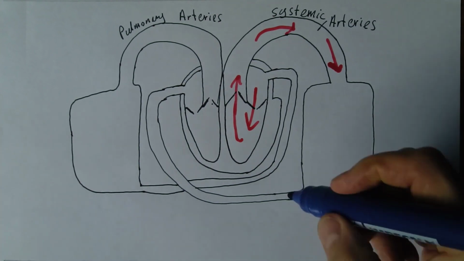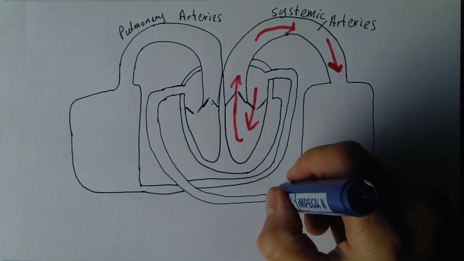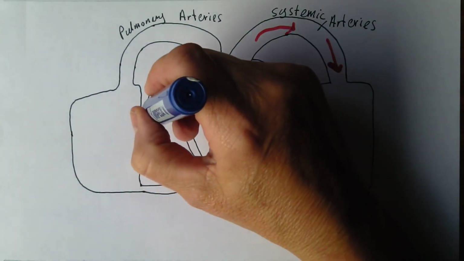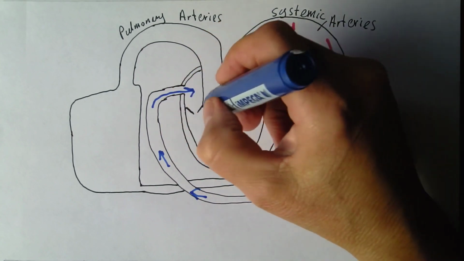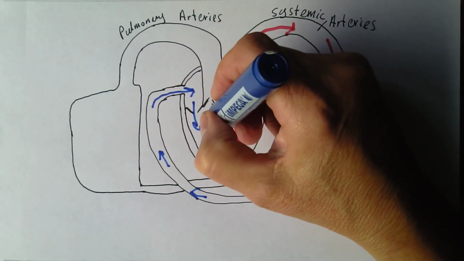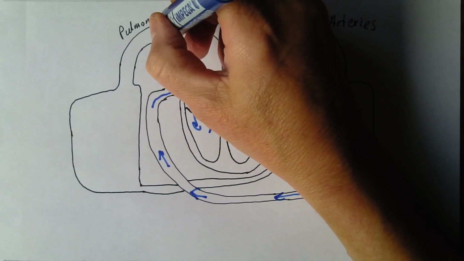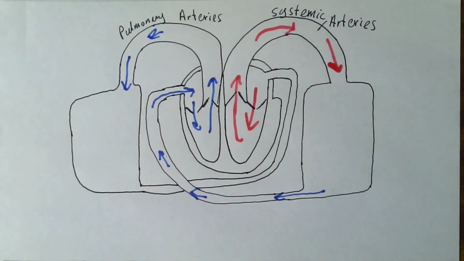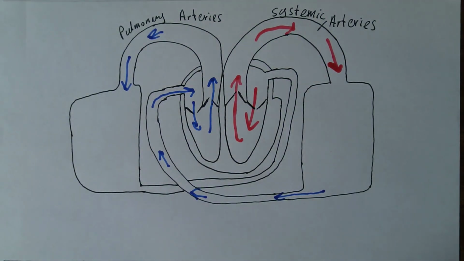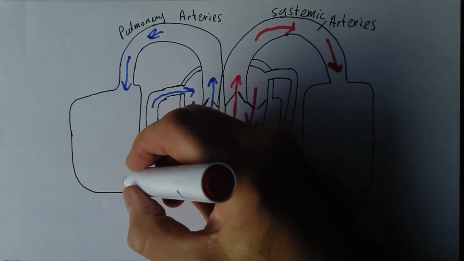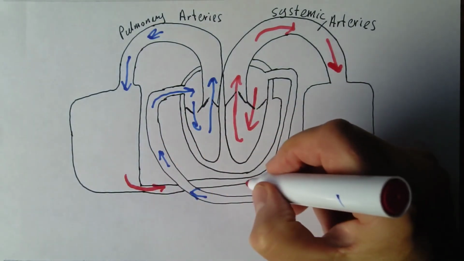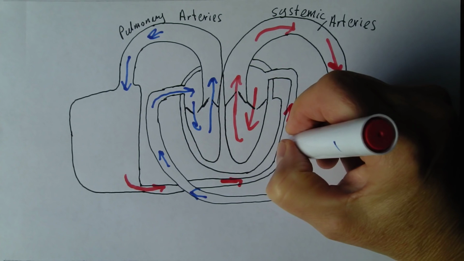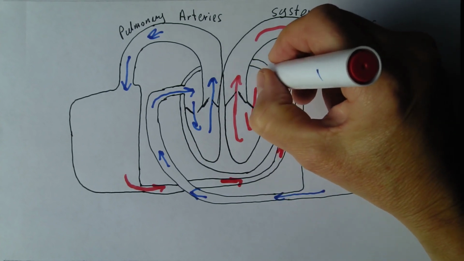So to represent the darker red deoxygenated blood, we have the blue, taking blood back to the right atrium, right ventricle, into the pulmonary artery, or the pulmonary arterial system, to go to the lungs. As it goes through the lungs, it's going to be oxygenated, so it's going to leave in fully oxygenated form. Going back to the left atrium.